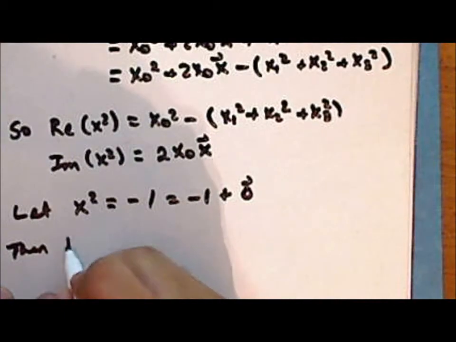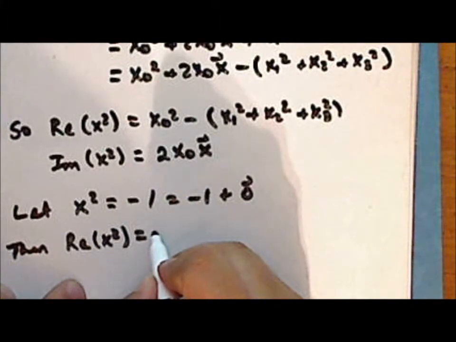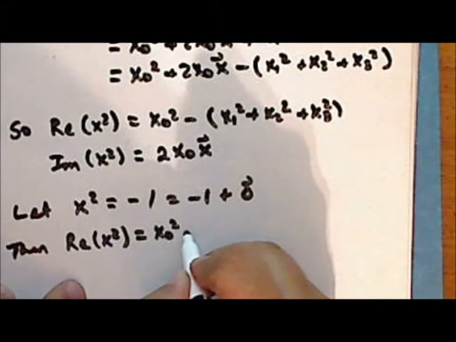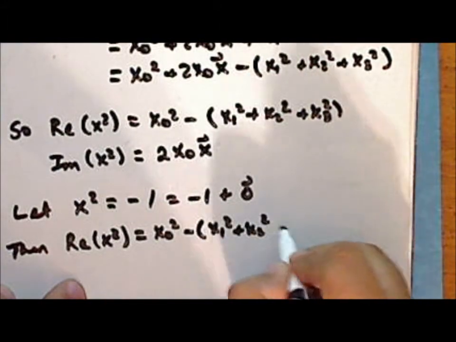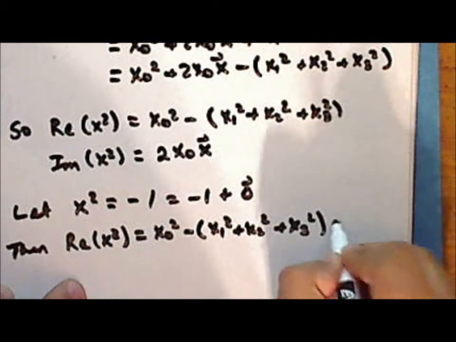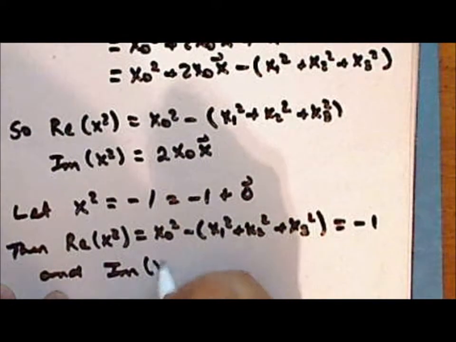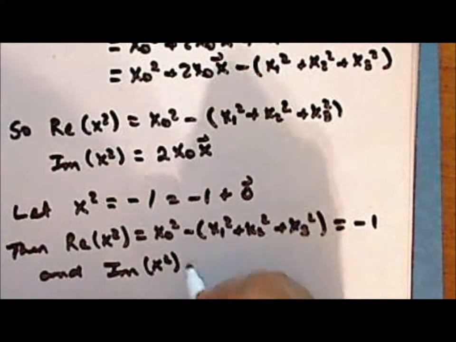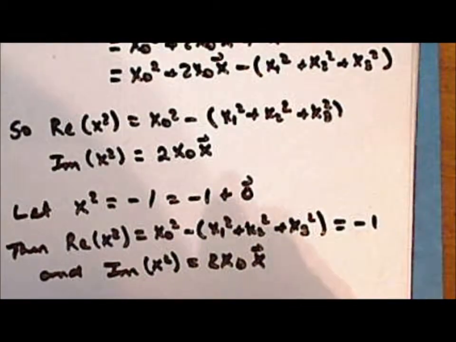Then the real part of x squared, which once again is x sub naught squared minus the quantity x sub 1 squared plus x sub 2 squared plus x sub 3 squared, is equal to the scalar -1. And the imaginary part of x squared, which is 2 times x sub naught times the three-dimensional vector x, is the 0 vector.